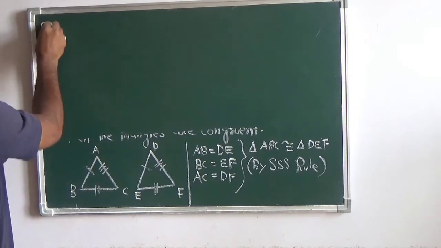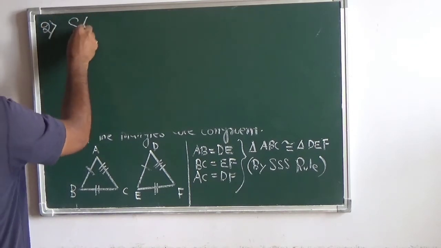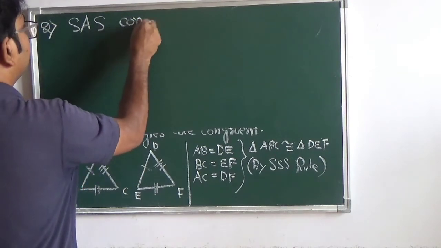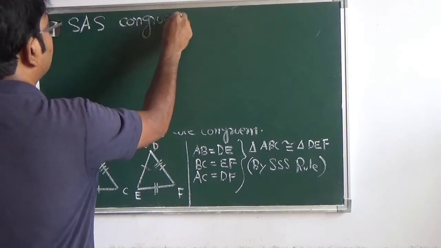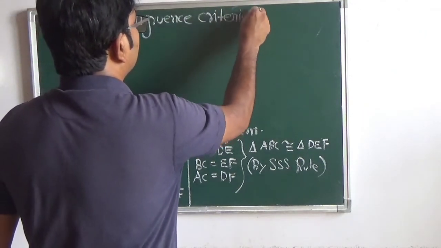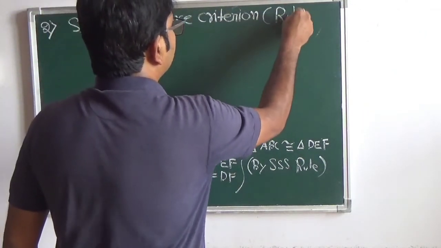So number 2 is SAS congruence criteria or rule.